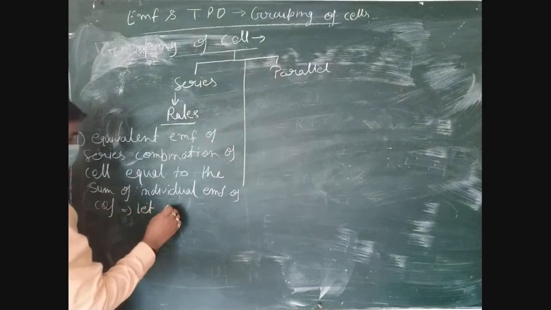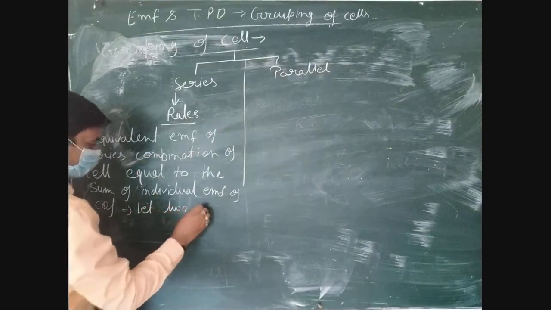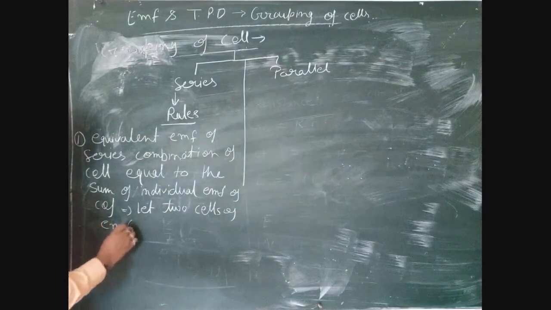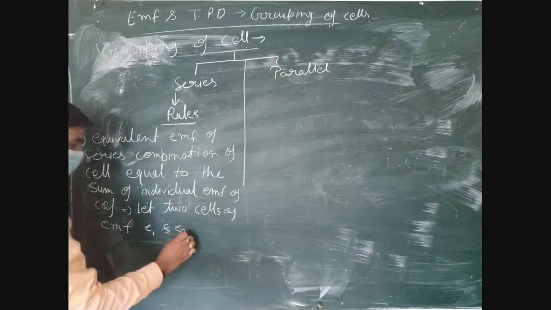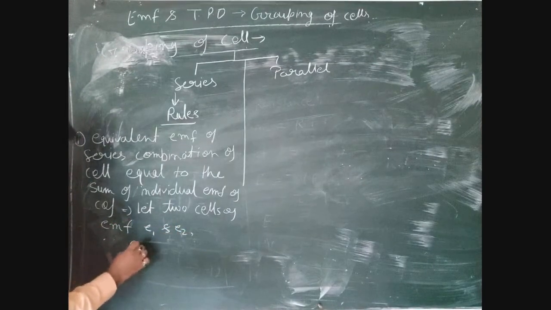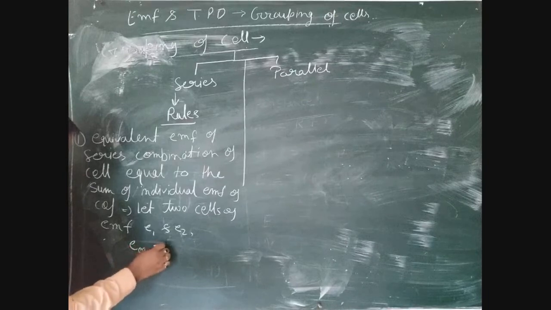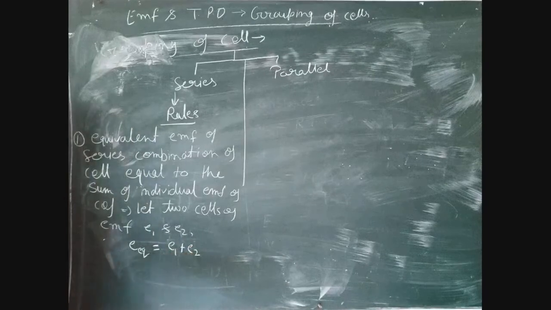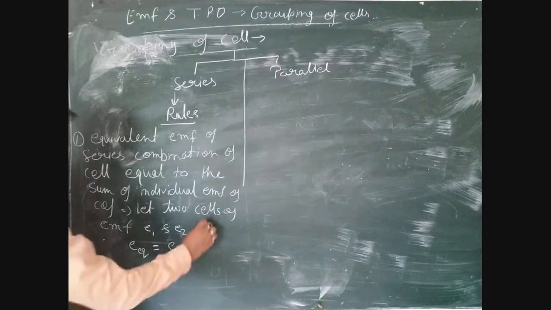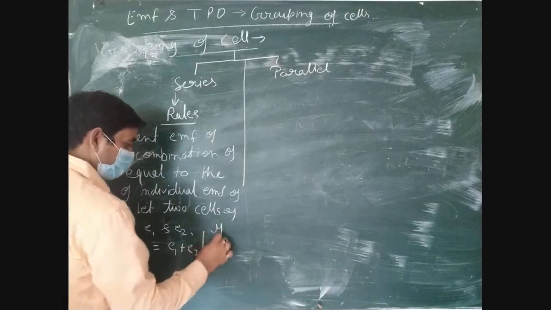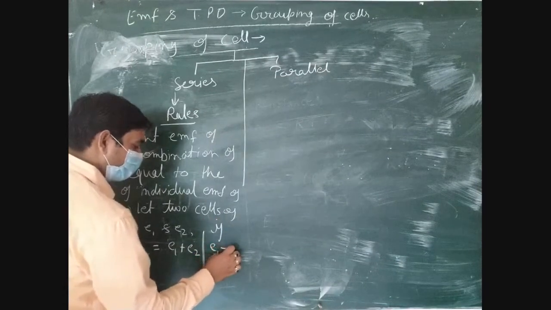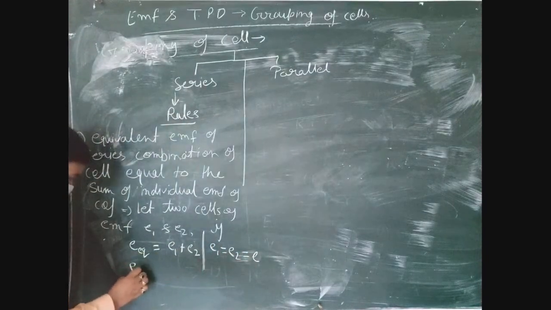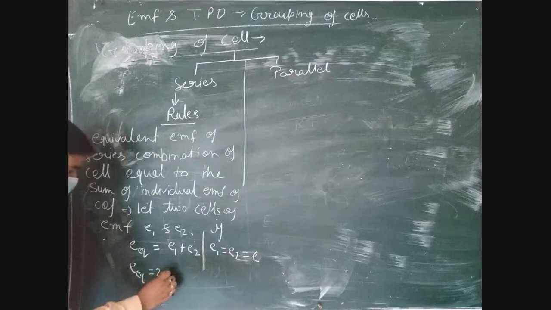Let two cells of EMF E1 and E2 be connected. Therefore the equivalent EMF is equal to E1 plus E2. Okay, and if E1 equals E2 equals E, then the equivalent EMF is equal to 2E.